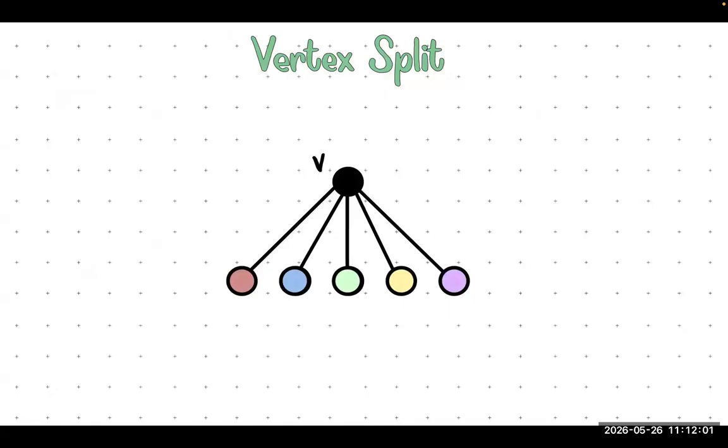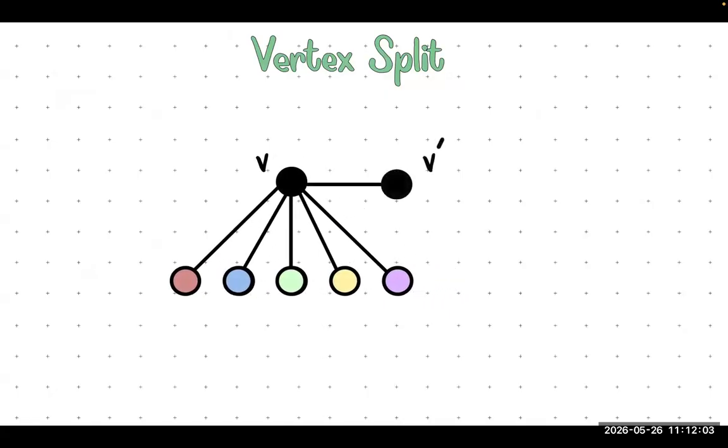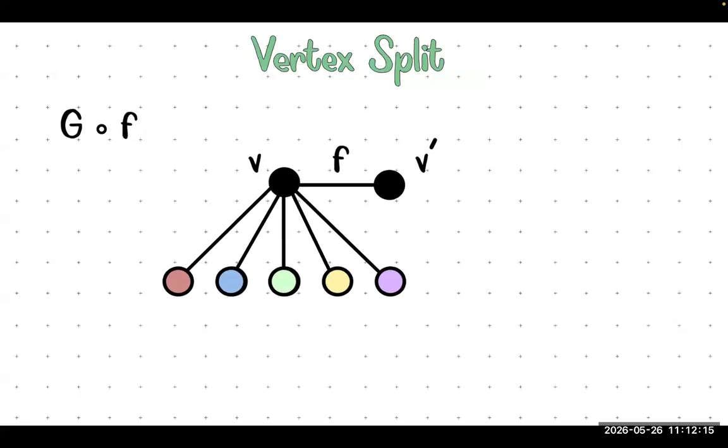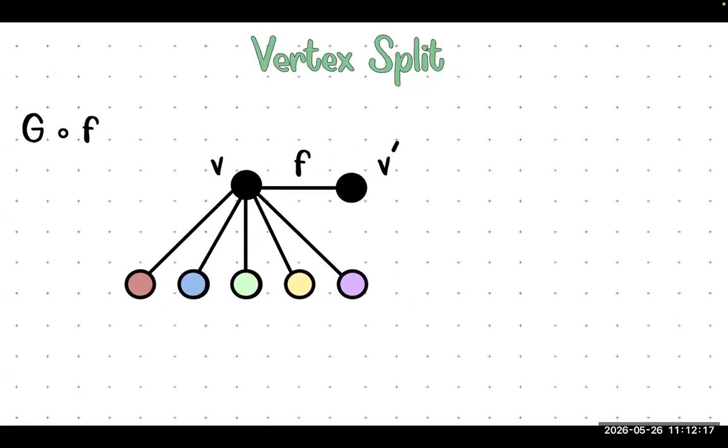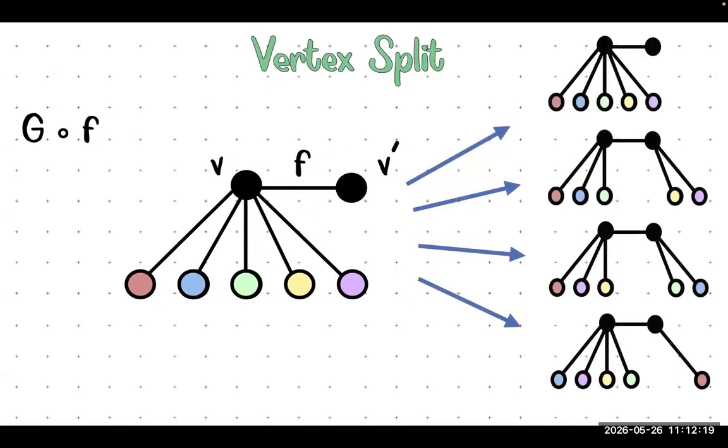If we want to split V, we just create another vertex, attach it, and then partition the neighbors of V. So we can get many types of vertex split. Okay, and we denote this operation. So here are several examples we can get. We can partition them as we want. It can also be empty and so forth.